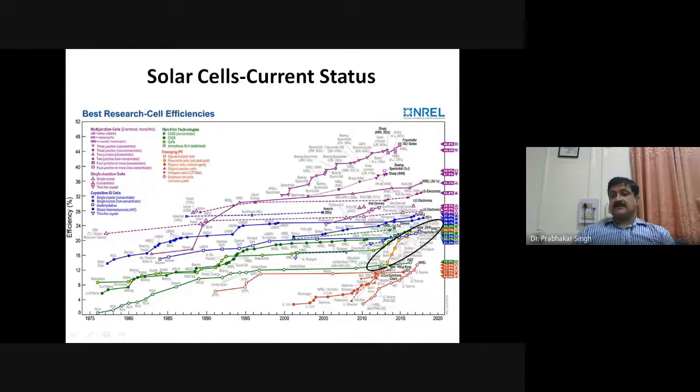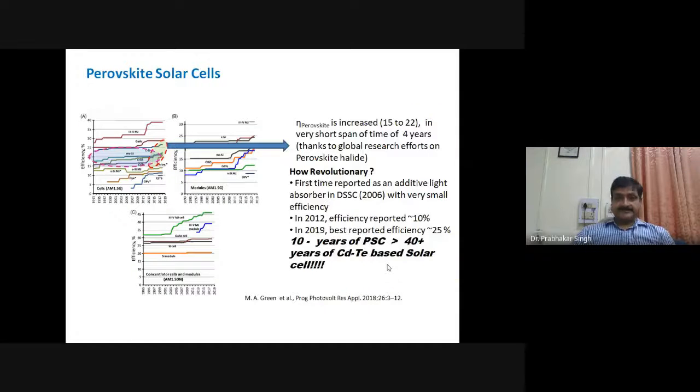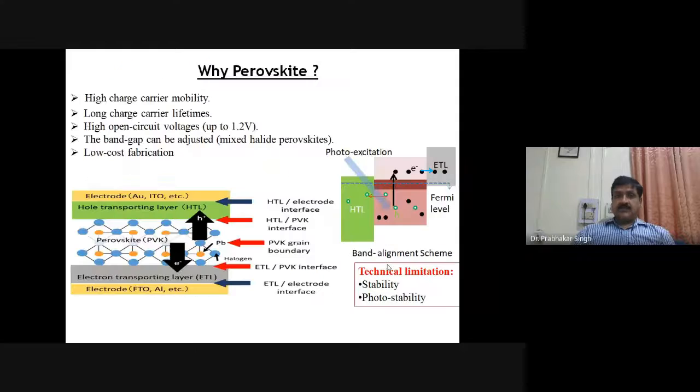You can imagine that in the last 5 or 6 years, I think 10,000, 15,000 papers would have come, and of course a lot of citations. Because of this, people started to work on perovskite solar cells. And why perovskite? The important question is why perovskite?